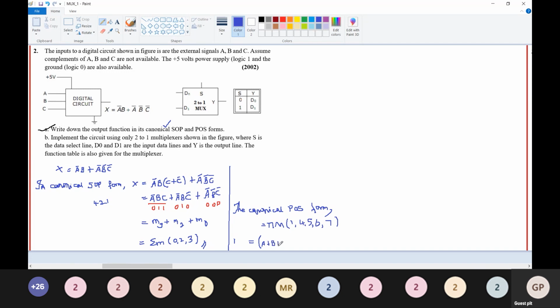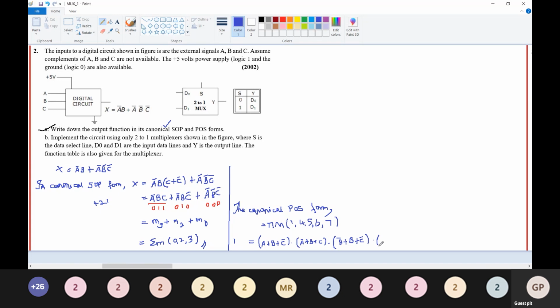For 4, it should be written as A' + B + C. 5 should be written as A' + B + C'.